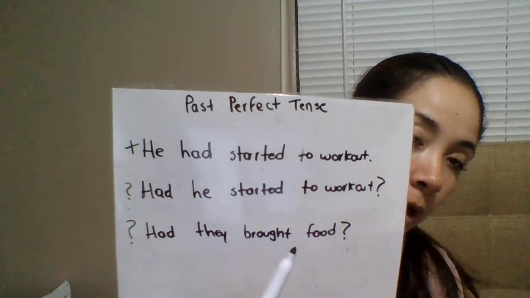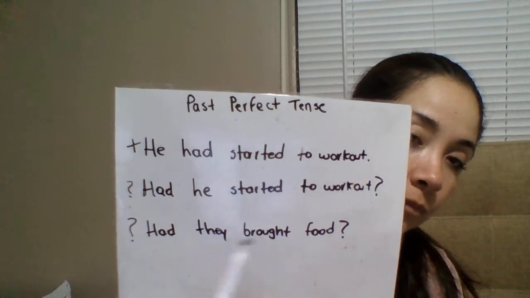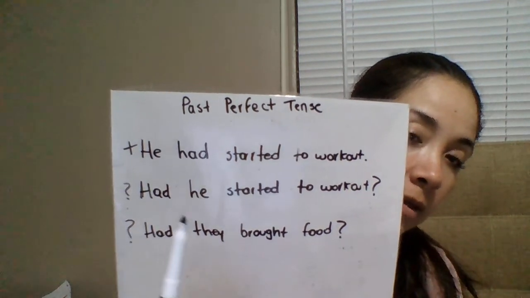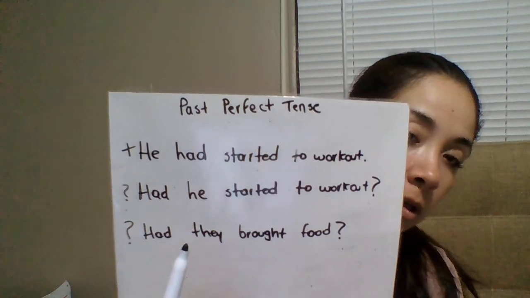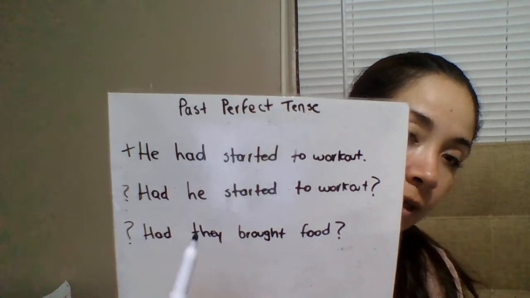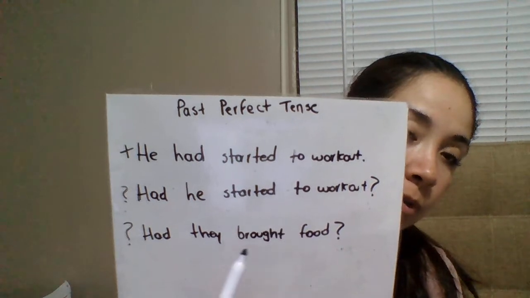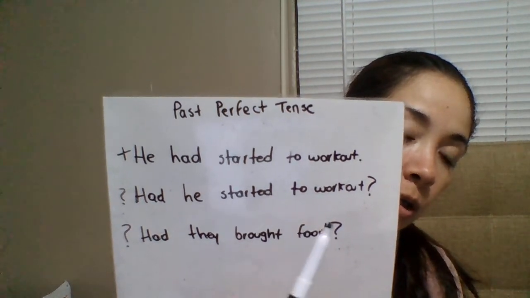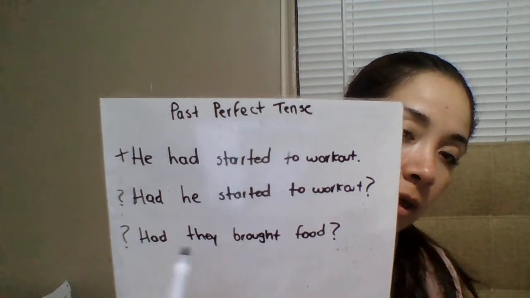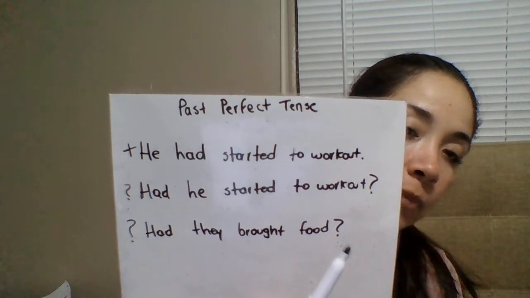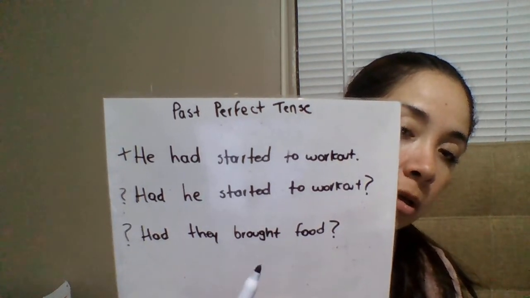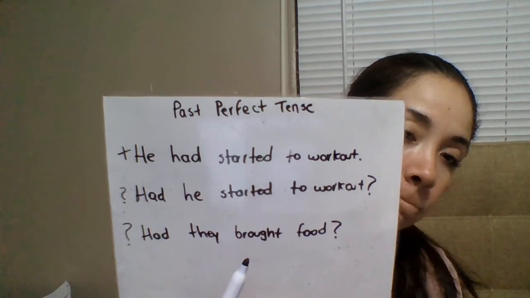Had they brought food? Had is the auxiliary verb. They is the subject. Brought, the past participle of the verb. Food. Had they brought food? Don't forget the question mark. Okay? Easy, right?